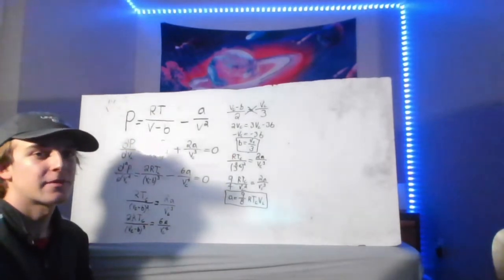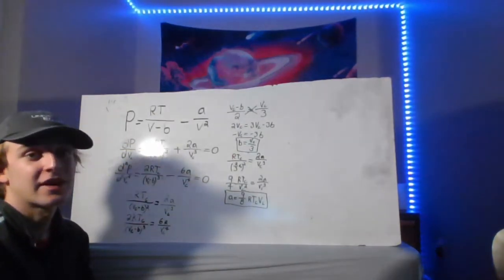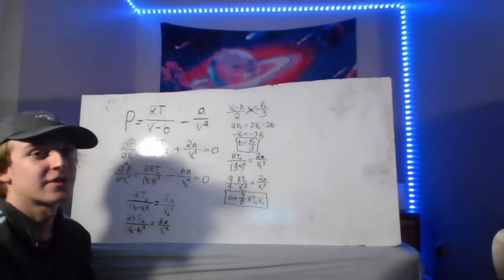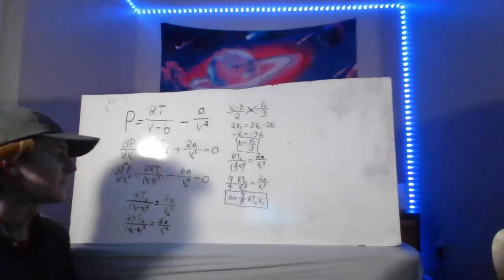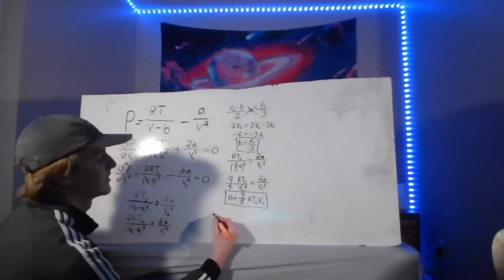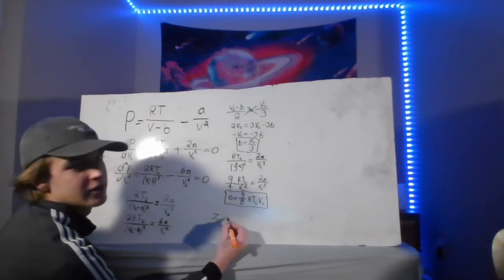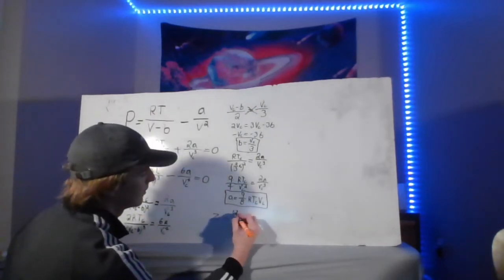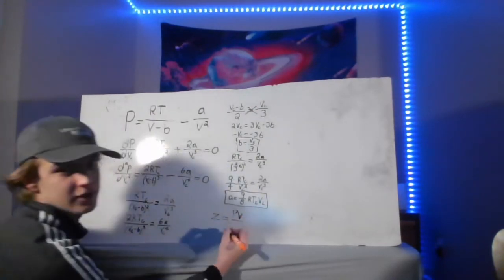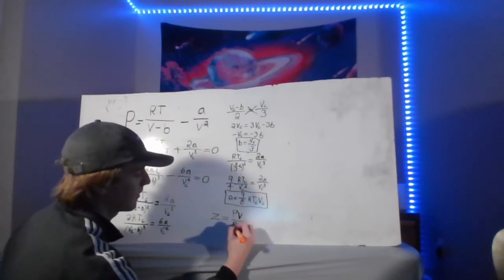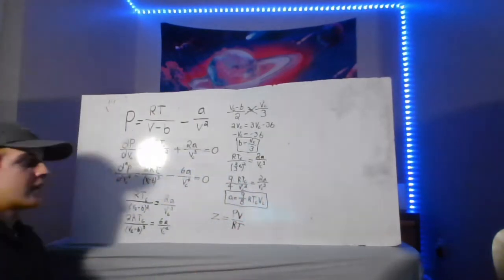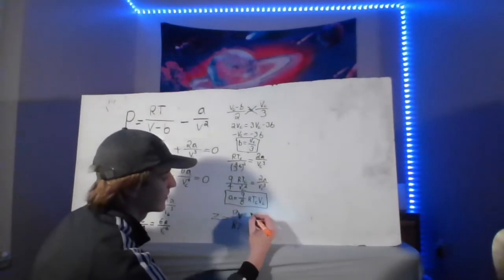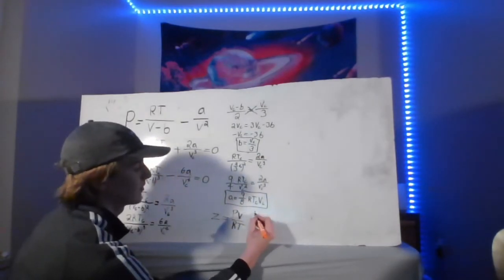So now I'm going to get the compressibility factor for the van der Waals equation of state. So the compressibility factor Z is equal to PV over RT, and for an ideal gas, it'll be equal to 1.